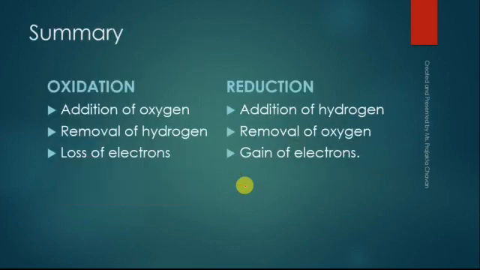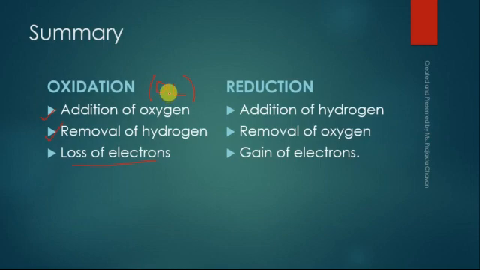Okay, so let us summarize it. Oxidation, we say it is addition of oxygen or removal of hydrogen, or we can also say it is loss of electron. For that you can remember this word OIL. Electrons के terms में you can remember this word OIL.